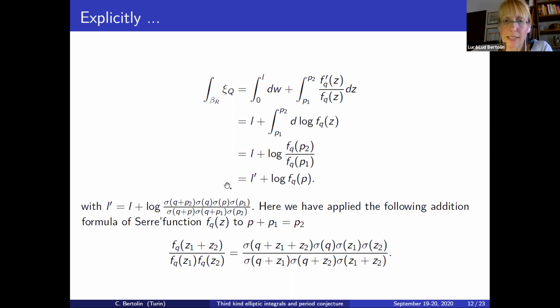And I can write it exactly as L prime plus log FQ P, using the following addition formula of the sigma function applied to P plus P1 equal to P2. So I reduce this period to L prime plus log FQ P.